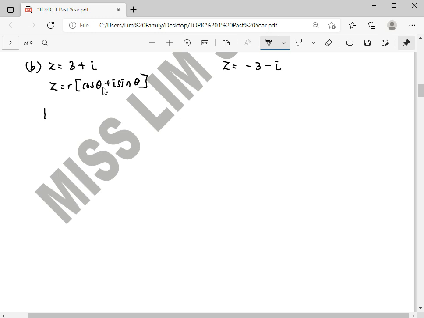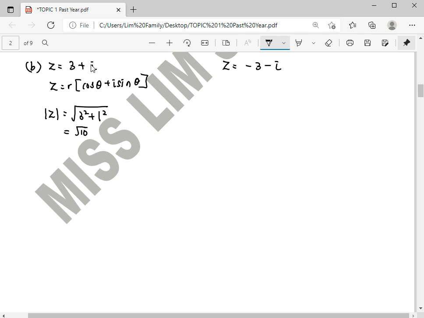So for modulus z, it will be equals to square root of a square, 3 square, and then the b part here is 1 square. So this will give us square root of 10. Okay, so we let it be square root of 10. Surd number is okay because we already learned it. Surd number is an irrational number, so we can accept that.